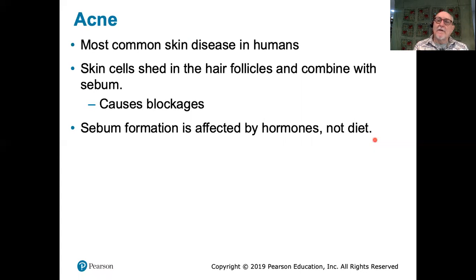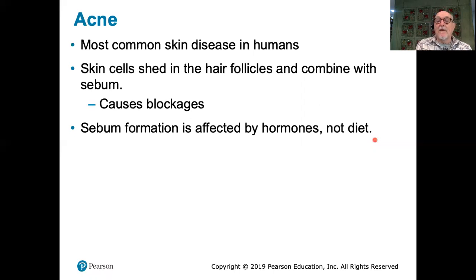But often there are cases where women, at particular points in their menstrual cycle, may notice that they are more prone to acne than otherwise. So it's the most common skin disease in humans that we know of.